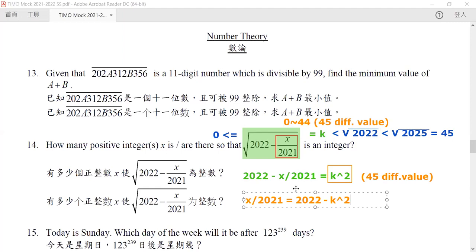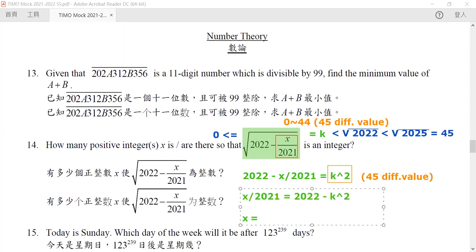And hence, we know that x is equal to 2021 times (2022 minus k squared). Now, don't forget that because k squared has 45 different values, this number has 45 different values, and hence the whole number has 45 different values.